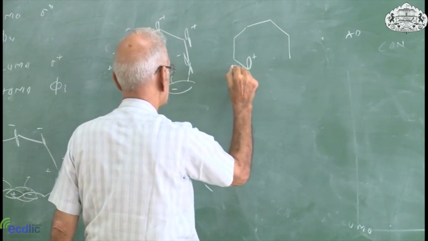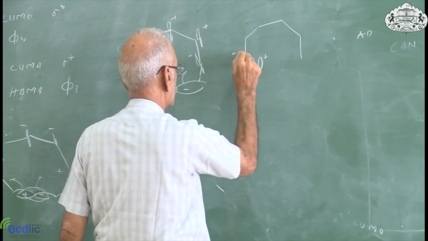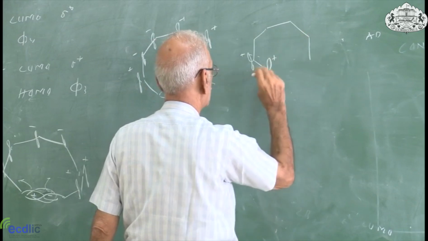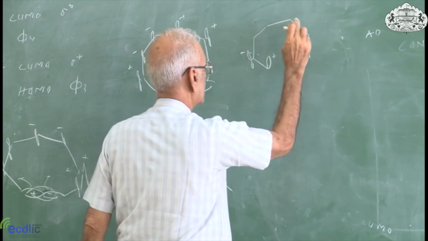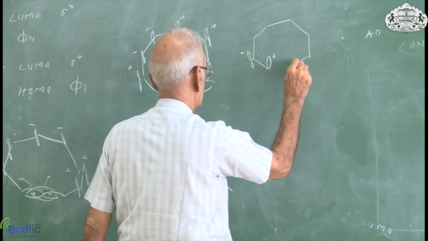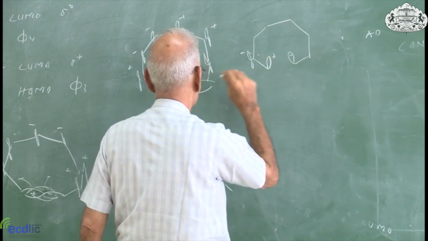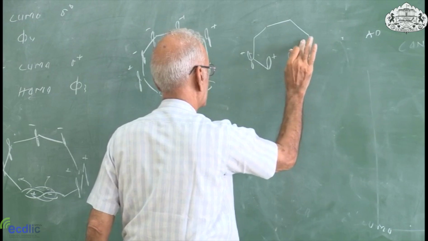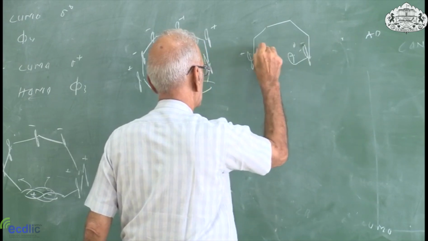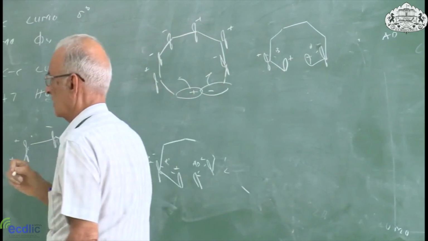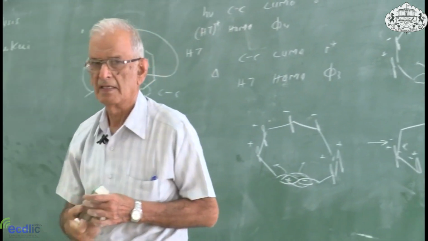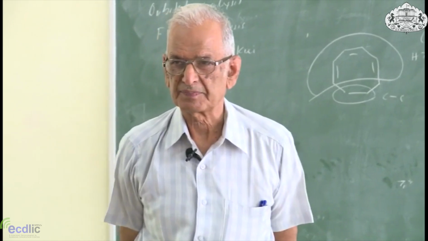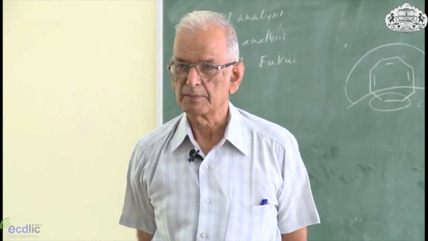So this is plus, bonding. This is minus, this is also minus. So photochemical reaction, you will get both bonding.